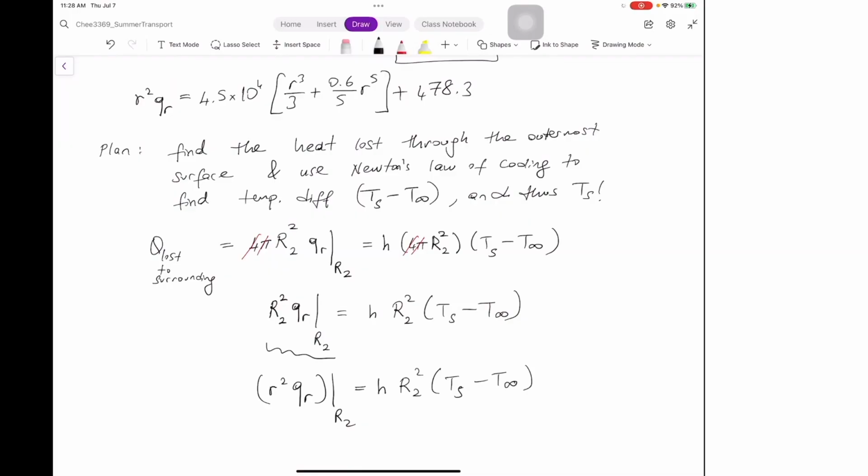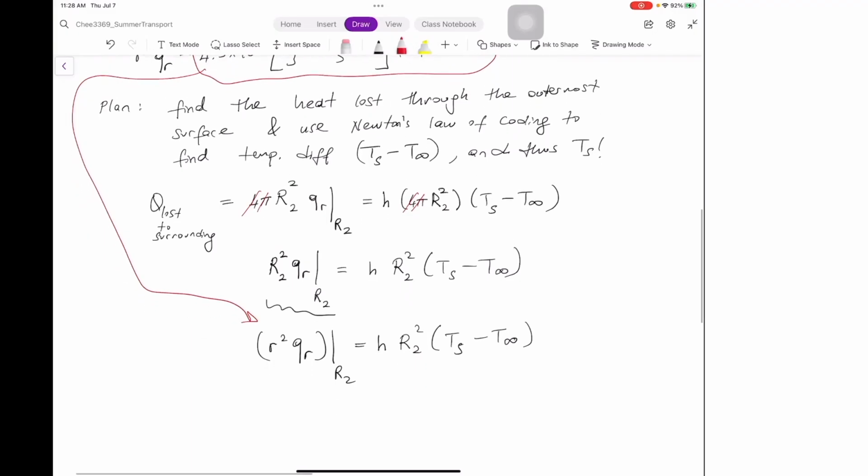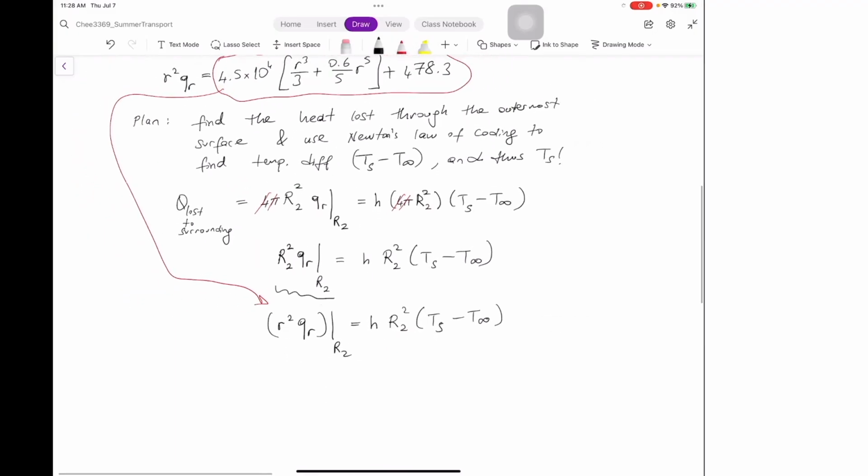Let me plug in all the numbers and let me actually make use of this thing to get 4.5 times 10 to 4.